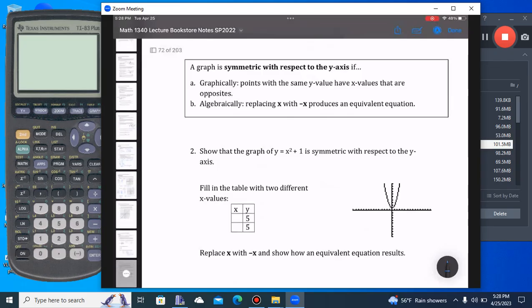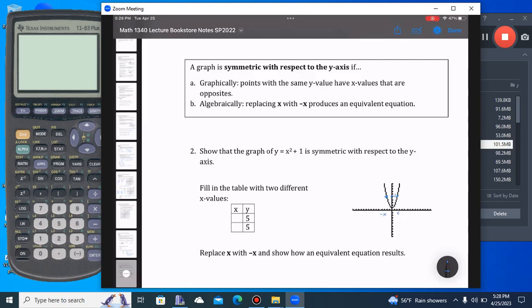What's symmetrical to the y-axis is very similar, but we do x instead of the y. So we look at this picture of a parabola. We look at 5. When y is 5, we have two values for x, a negative x and a positive x.